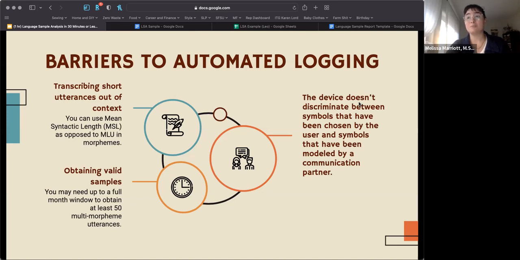And that doesn't just mean modeling on their device, which of course would count towards their mean length of utterance or towards their stats, but also modeling on another device by a communication partner.